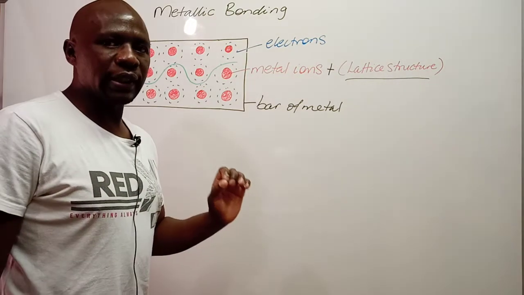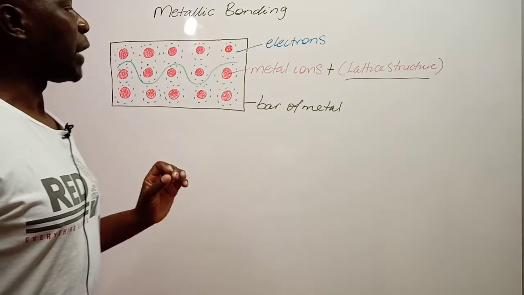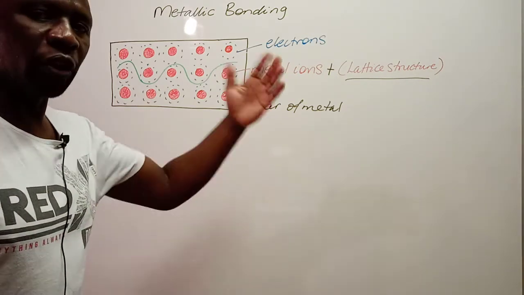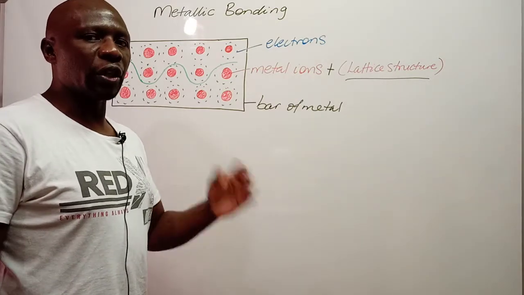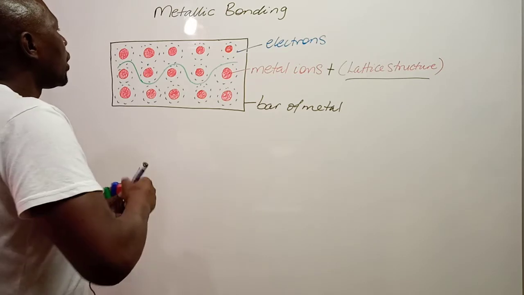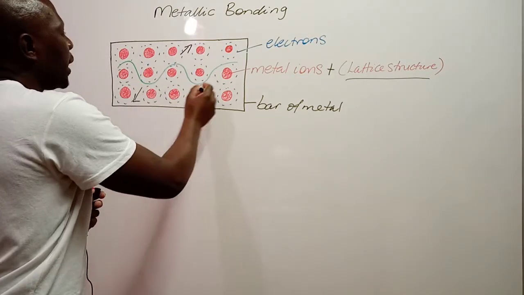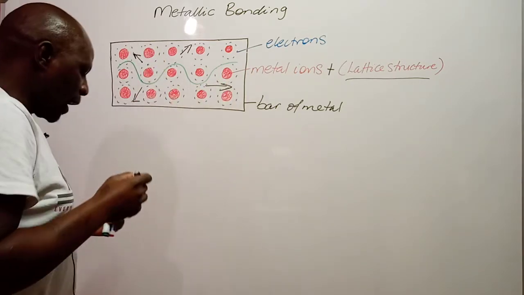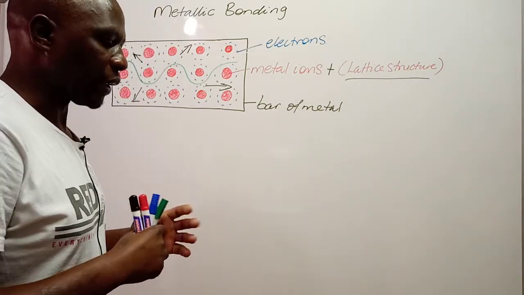Electrons are the ones that are free to move. But however, these electrons move in a random direction. Their movement is not uniform. So the other electron could be moving in that direction, the other could be moving in that direction, the other electron could be moving in that direction, and the other one could be moving in that direction, right?